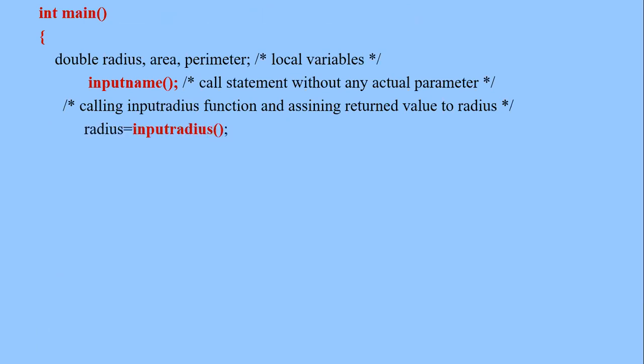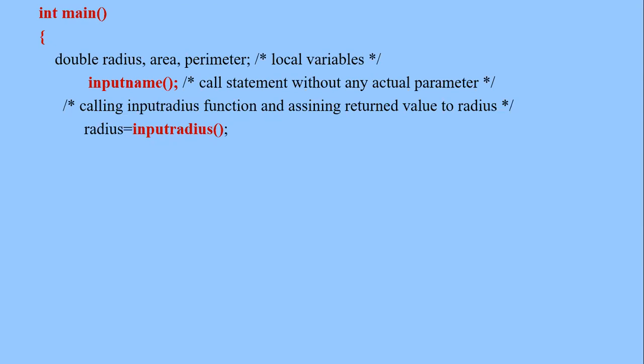This statement tells the control, the compiler or the processor, to go to the function called input radius. Already it is aware from the declaration that there's a function called input radius. It is not receiving any parameters, but it is going to send or return a value. So that value which will be returned will be stored in the memory location called radius.